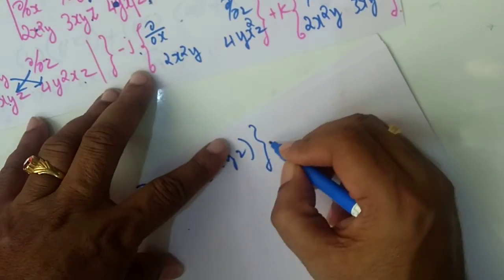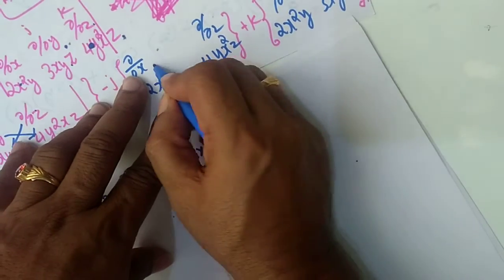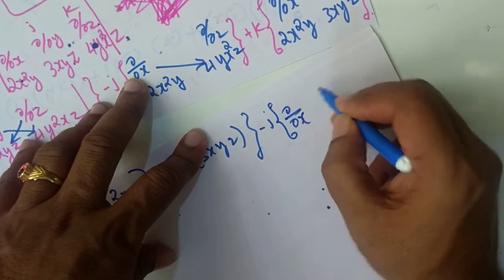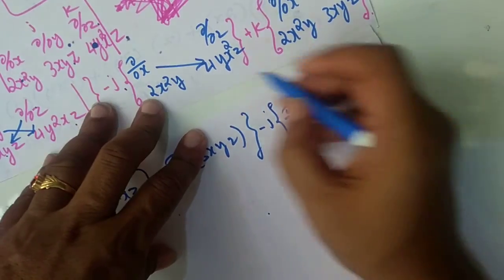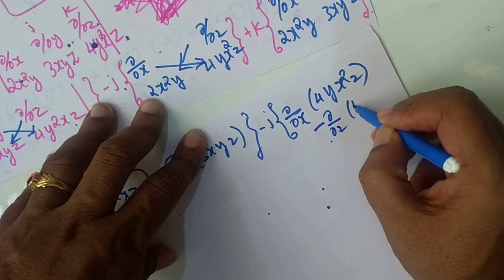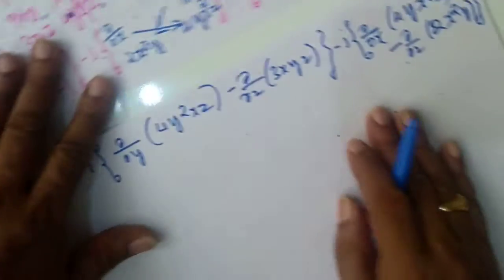Minus j into dou by dou x of 4y x squared z minus dou by dou z of 2x squared y.